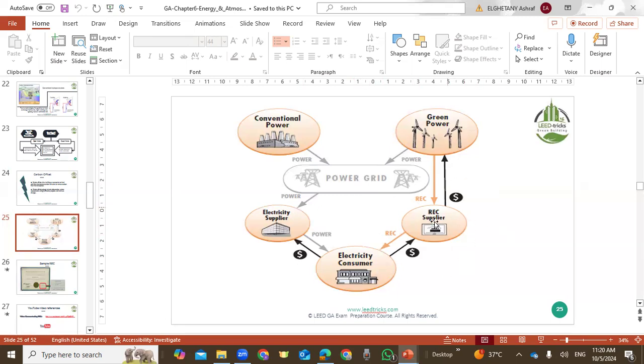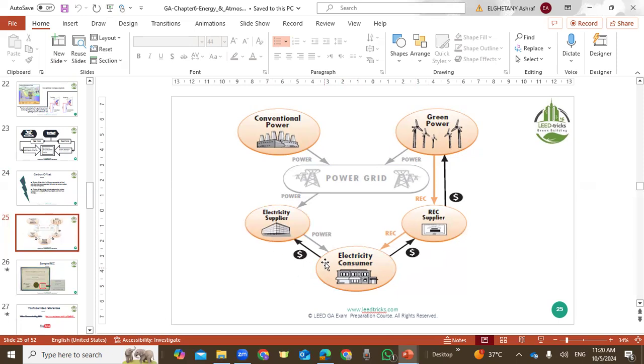From there comes the idea of renewable energy certificates or carbon offsets. This is a certificate that you buy if you want green power or a carbon offset: as a consumer, you pay dollars and you get a renewable energy certificate. On the other side, you pay dollars but you get power.